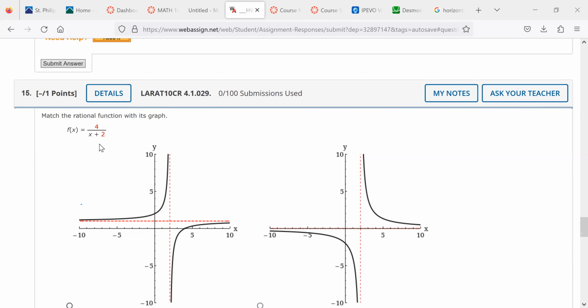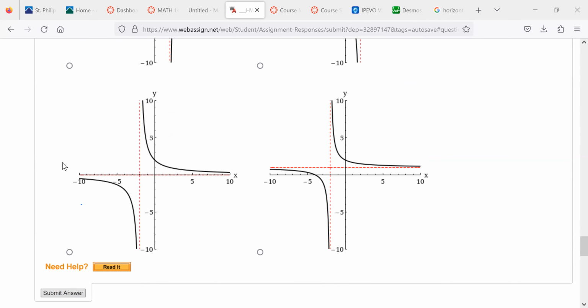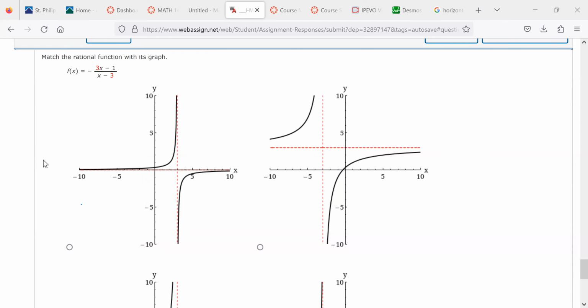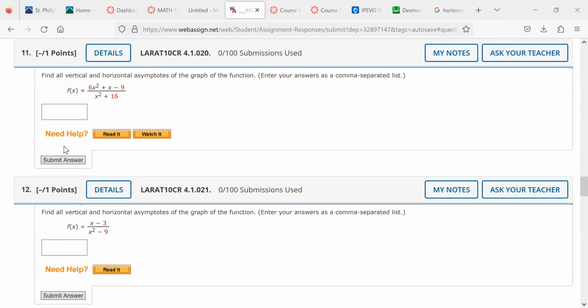So use the fact of the horizontal and vertical asymptotes to help you out. That's pretty much it. So let's move on to something else.